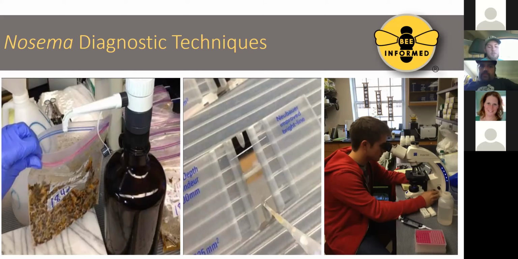And a sample is taken from this, and it's analyzed under the microscope to quantify the amount of spores that are present. And you can do this at home. Just get a certain number of bees, crush them up, and take a sample and look at it under a microscope if you have one available. So just to tie back, microscopic examination is really the most reliable and most used way to diagnose Nosema.